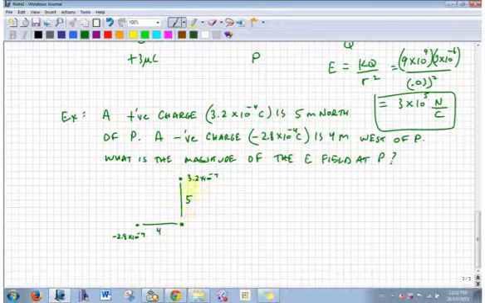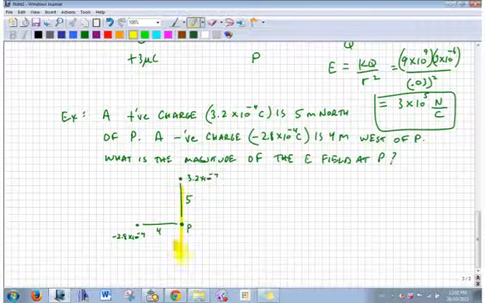What's going on between these two? What's the magnitude of the field at point P? What does this guy want to do to it? Okay, he wants to make it go that way. And this guy, what does P want to do as far as this negative charge is concerned? He wants to go that way. He's attracted to that one. Okay?